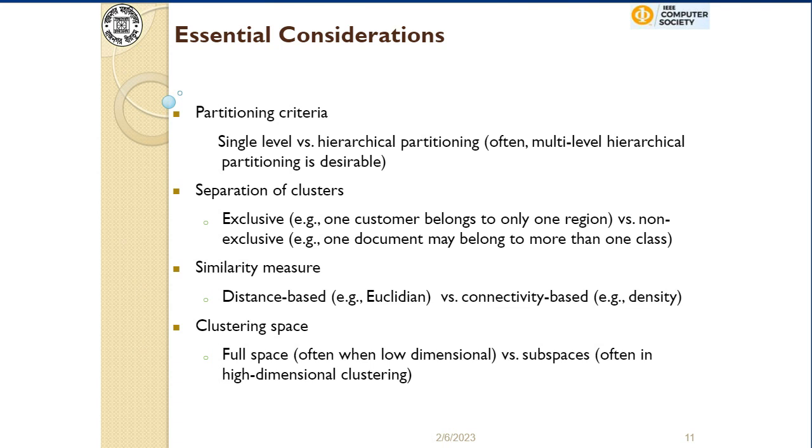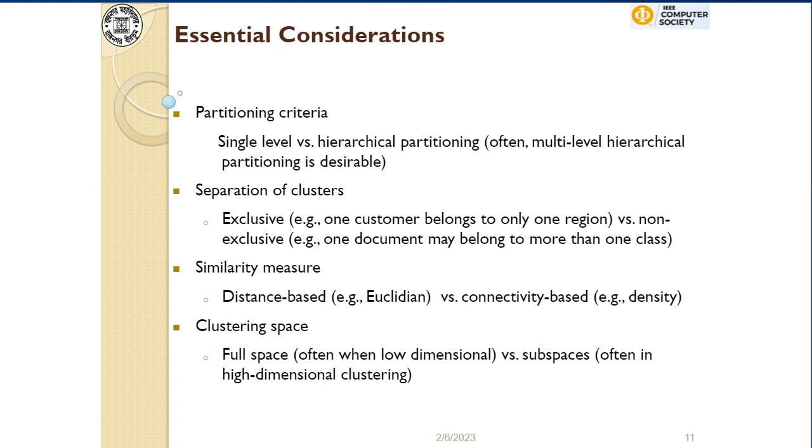Or you can concentrate on the separation of clusters, which may be exclusive, as in hard clustering where one customer belongs to only one region, versus non-exclusive, where one document may belong to more than one class. We have already discussed it earlier.